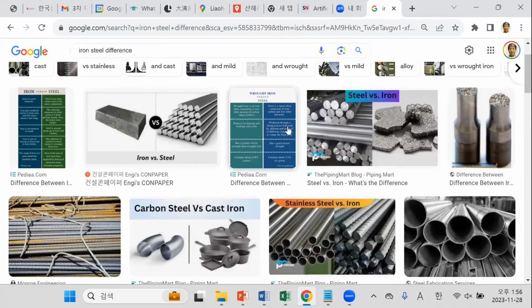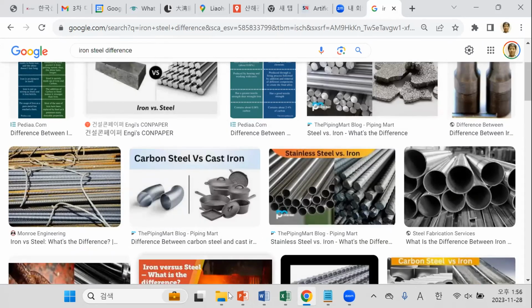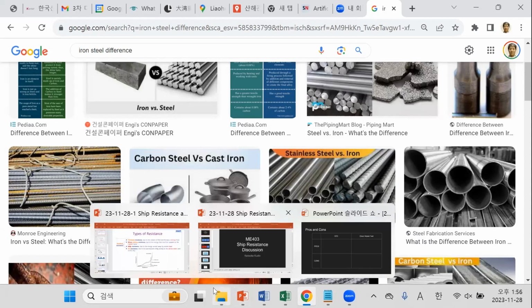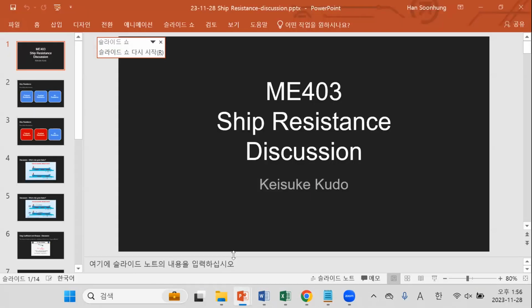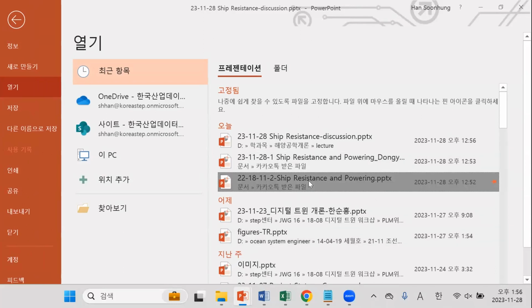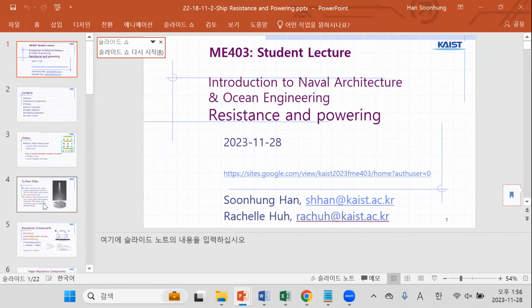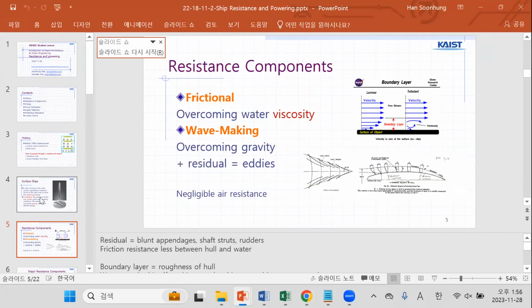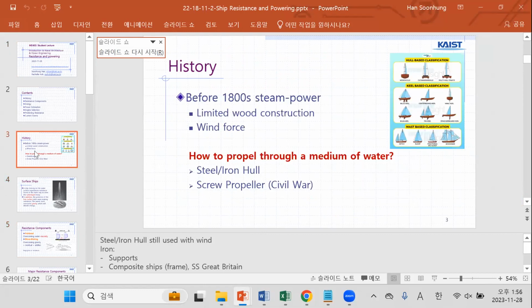We see a little bit on carbon. Let me show you. One or two? Two. Where is it? Steel and iron.